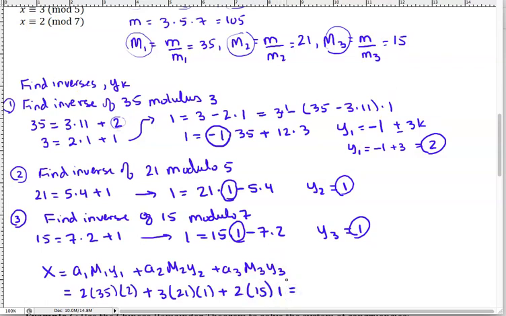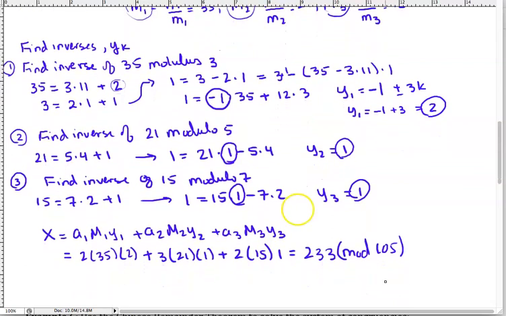Let's figure out what that is. 70 times 2 is 140, plus 3 times 21 plus 30. We get 233, and that answer is in mod m, which is the product of everything, so it's mod 105. Now we want to simplify this because we want our x to be positive and lower than the product of all our separate moduli.